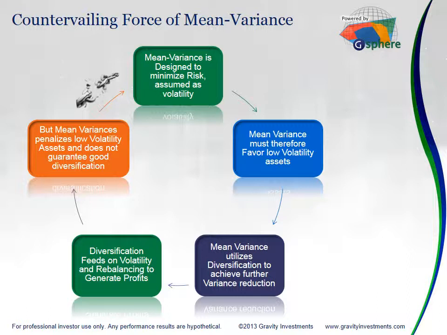So mean variance optimization then uses diversification to achieve further variance reduction above and beyond, essentially like a weighted average of its own volatilities. That's the diversification benefit that Markowitz gave to the world. The thing is, we're again channeling all this diversification through this variance minimization bottleneck.